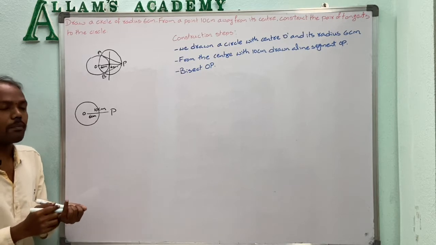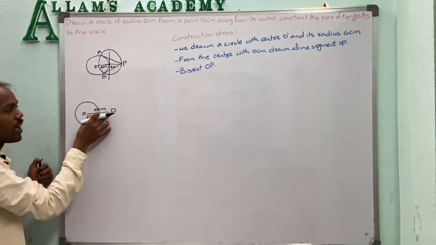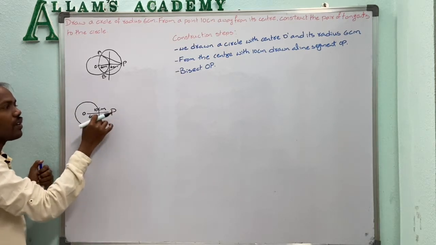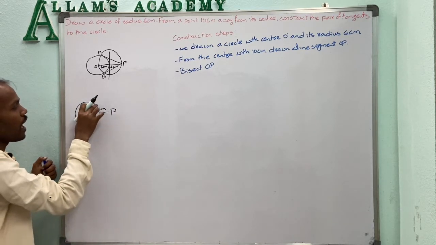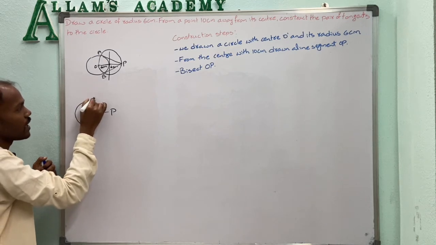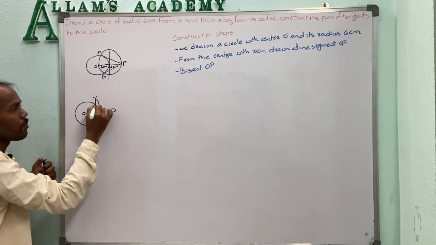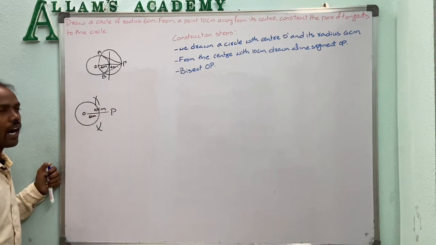Using a compass with more than half the length, from O we draw 2 arcs, and with the same measurement from P we also draw 2 arcs.